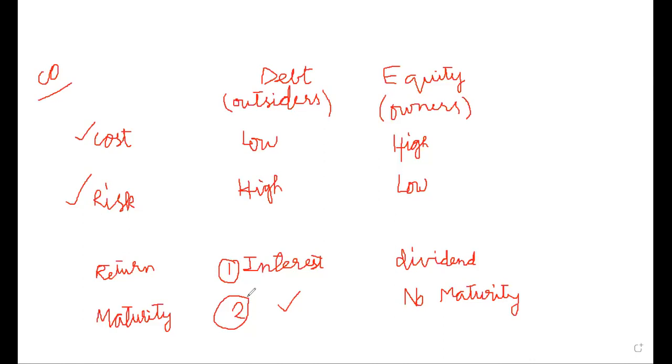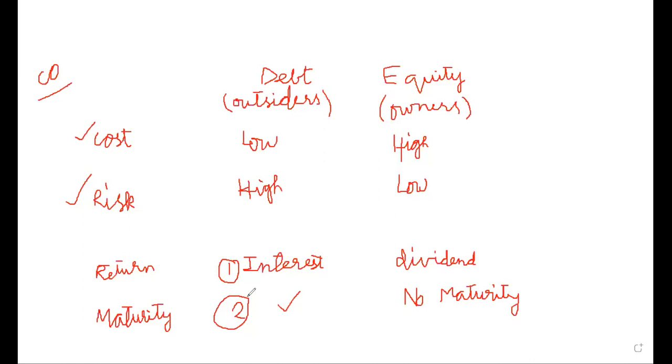They are not available in the form of cash whenever they have to pay back that amount. So the funds are blocked in assets, investments, projects, and all. As on the maturity date, the company has to find sources to raise the capital so that the debt capital can be redeemed.